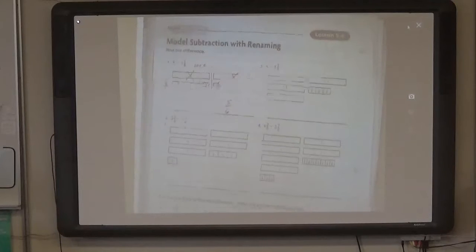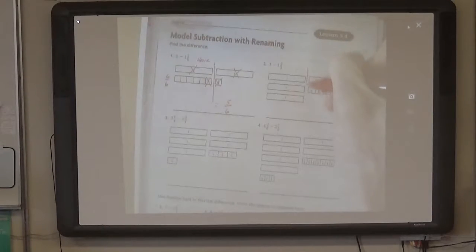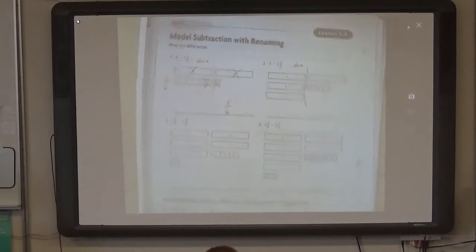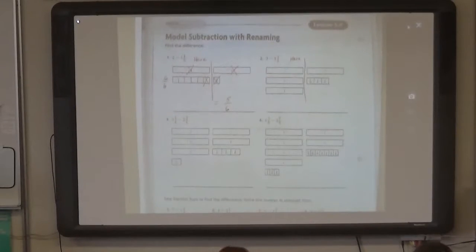Do the same thing in number 2. Start by drawing a line down the middle, so you know how much you have. Now cut one of the wholes up into pieces. Use the denominator to tell you how many. What size pieces should we make, Aiden? 3.